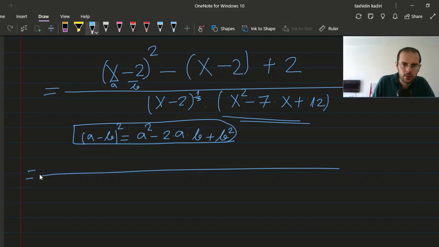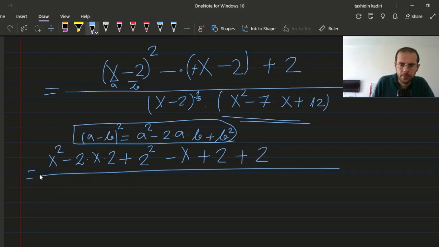Now we have x squared minus 2x times 2 plus 2 squared. Here this minus will multiply this base: minus multiplied by plus is minus, minus multiplied by minus is plus 2 plus 2.